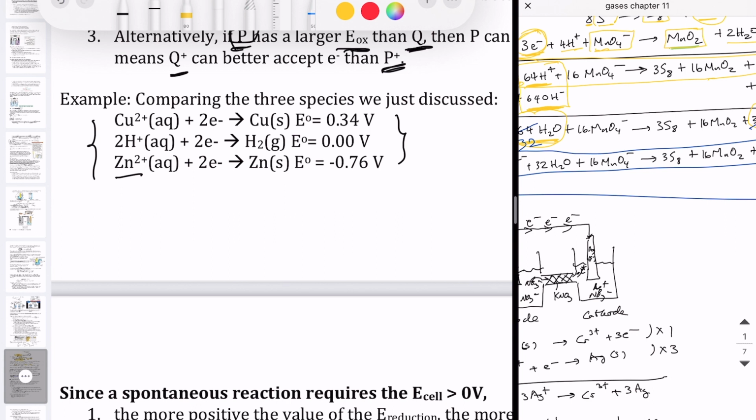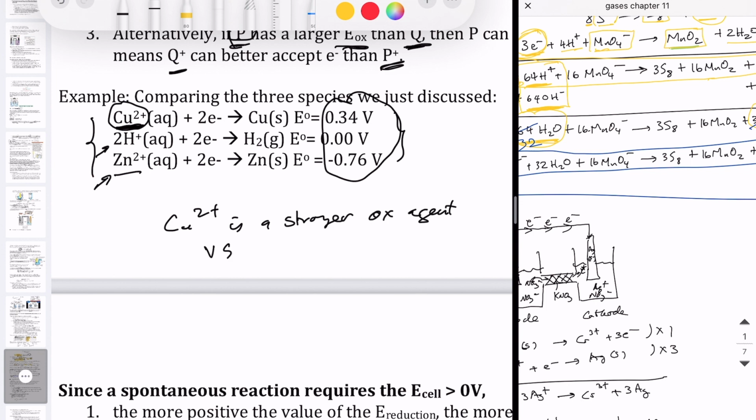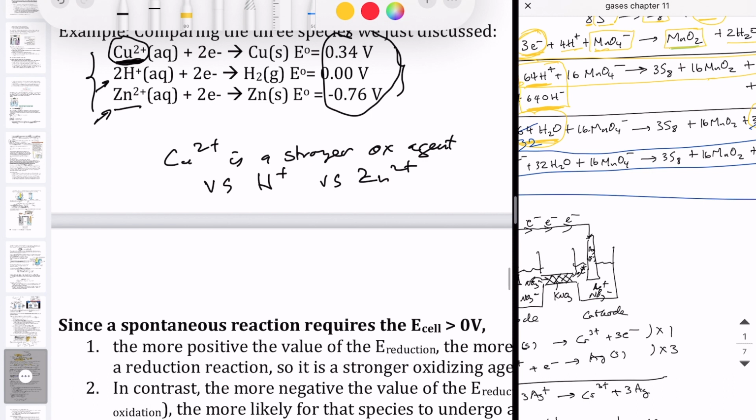When I look at this, what I can say is that copper 2 plus is more likely to be reduced compared to H plus, which is more likely to be reduced compared to zinc 2 plus, just by looking at the values and ranking them. If something is more likely to be reduced, another way of saying that is that copper 2 plus is a stronger oxidizing agent than H plus, which is a stronger one compared to zinc 2 plus. That's how you can derive some conclusions out of those numbers.